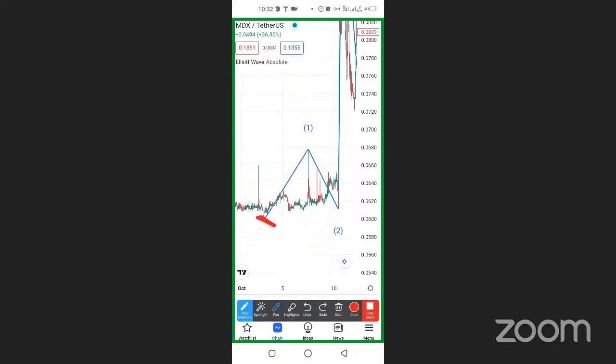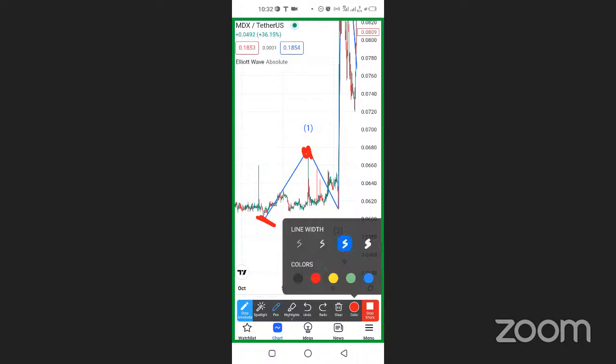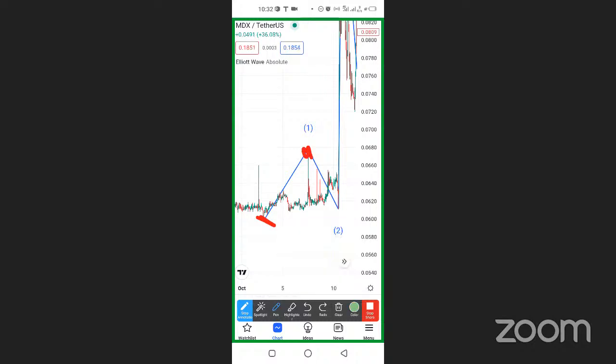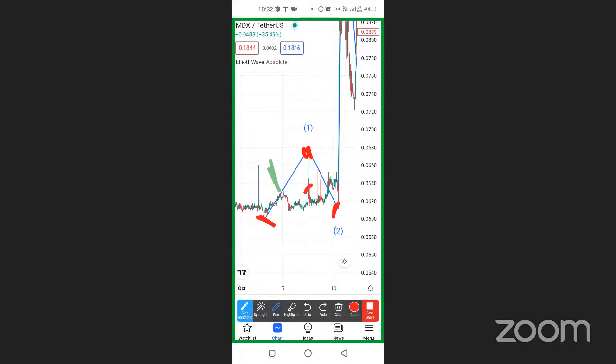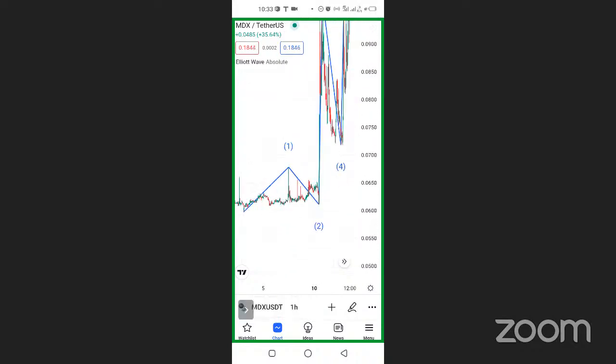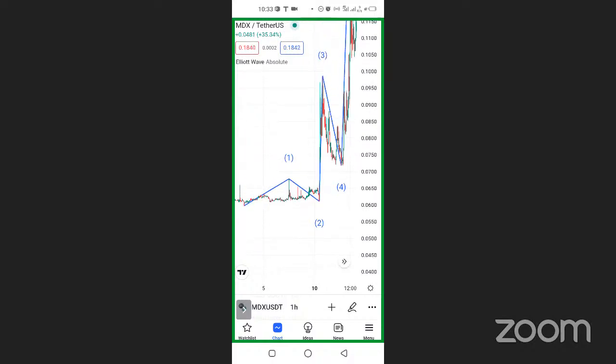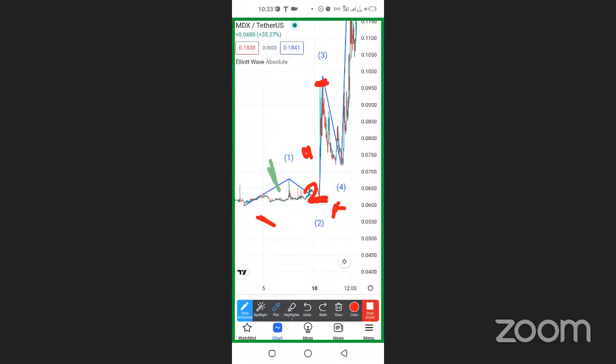Let me repeat again. From here to here, it is one. From that red mark to here, it is two. From here to the other upper part is three. I hope it comes out very clearly. From this corner here to here is three.